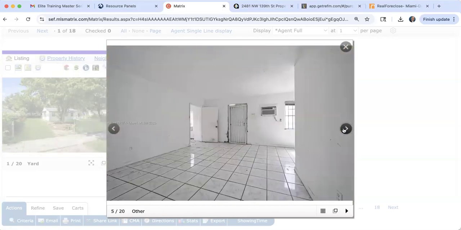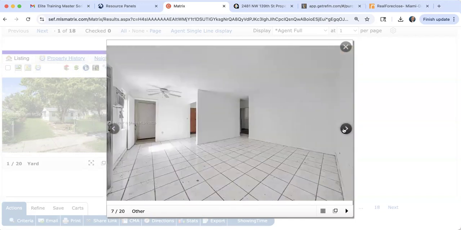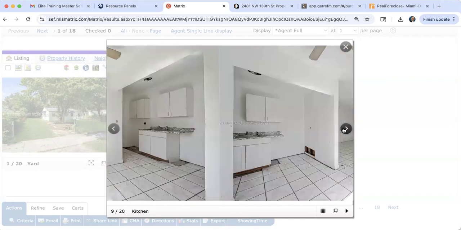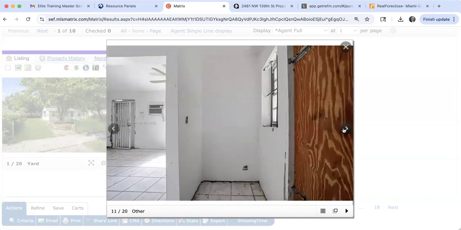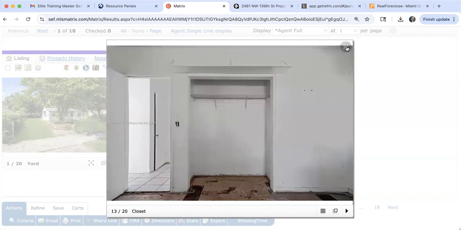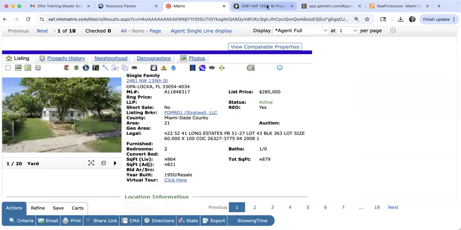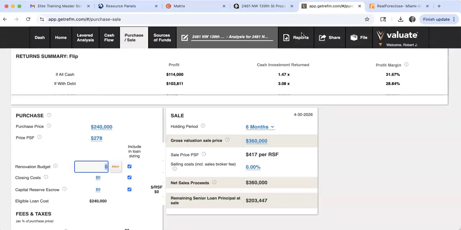Not sure how the roof is, but it's a small home, so even if we put a new shingle roof, it's not really going to cost as much. Let's go with $80,000 to get this home up to market conditions. So let's go back over here and put in $80,000 as our renovation budget.